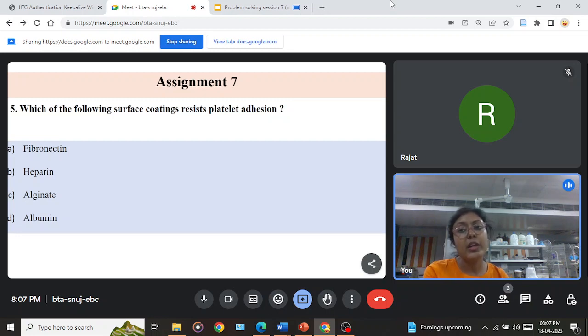So how can we resist platelet adhesion? What kind of coatings do we use to resist platelet adhesion?